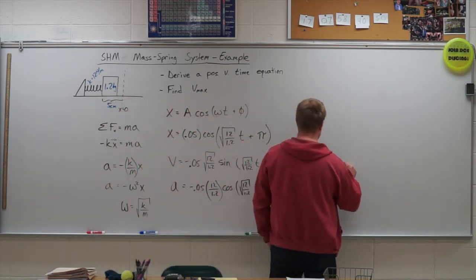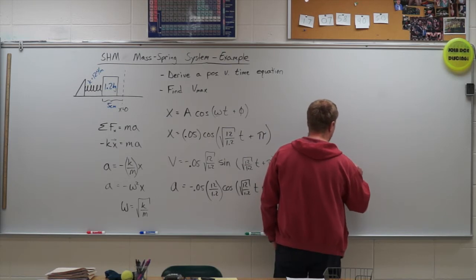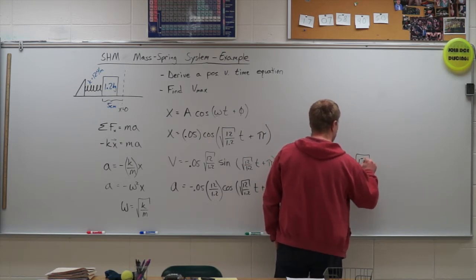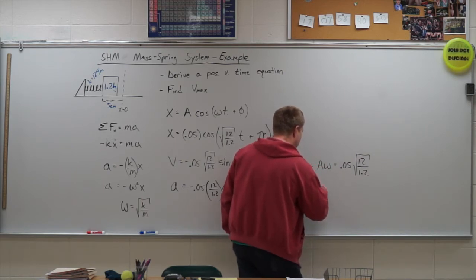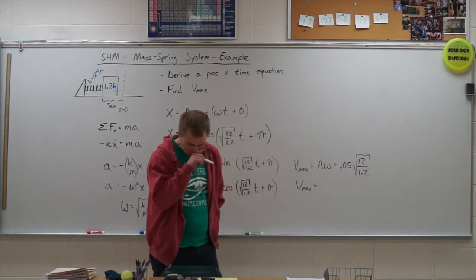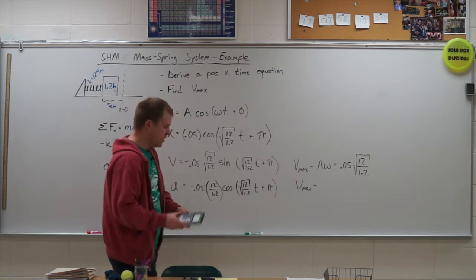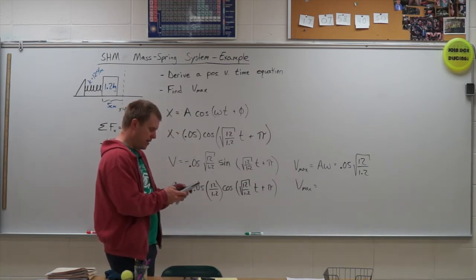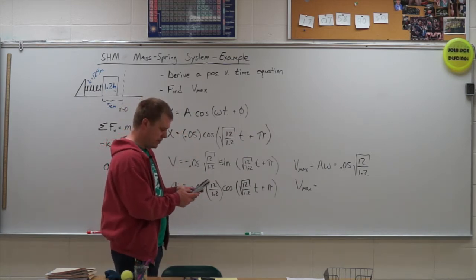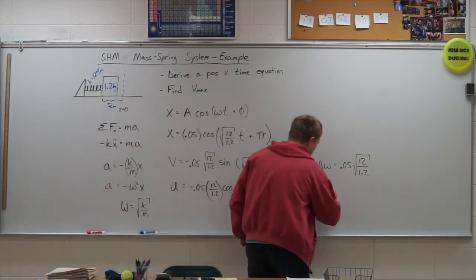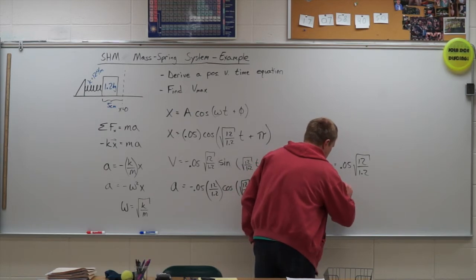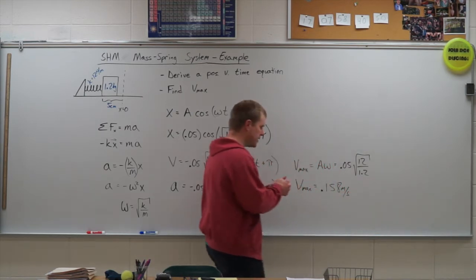And so I can plug in those values, 0.05 times the square root of 12 divided by 1.2, and find my maximum speed. Let's plug that in quick here. 0.05 times the square root of 12 divided by 1.2, and you get 0.158 meters per second for a maximum velocity.